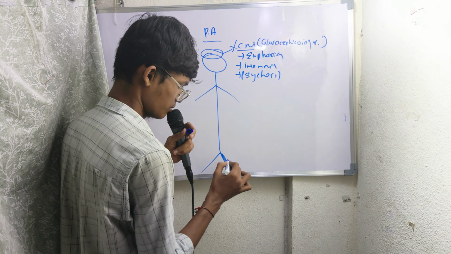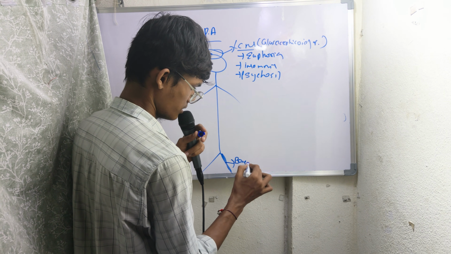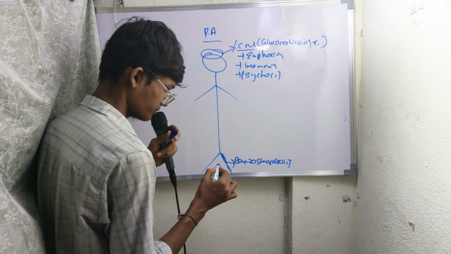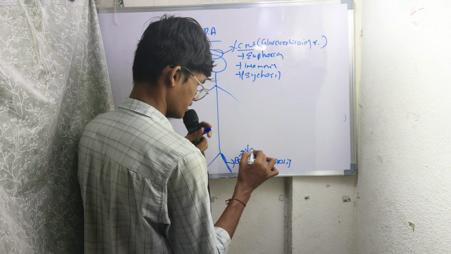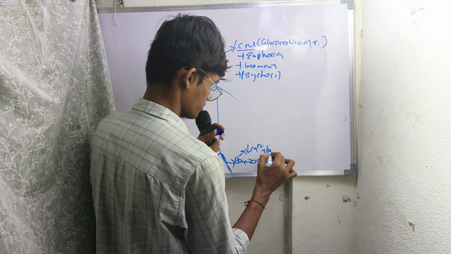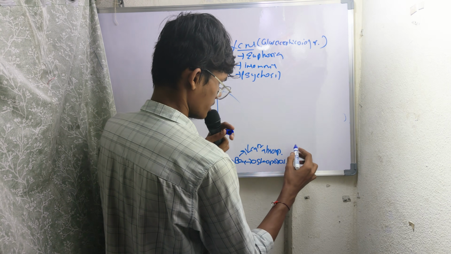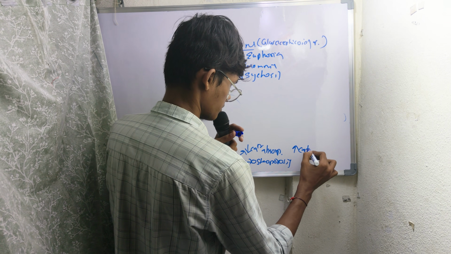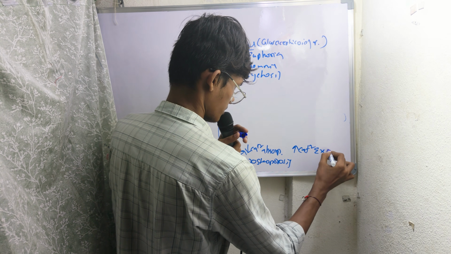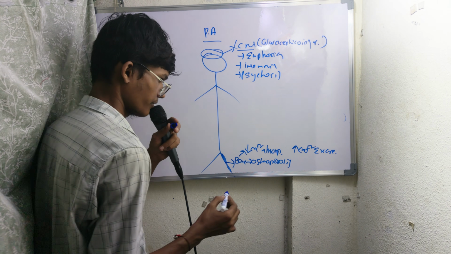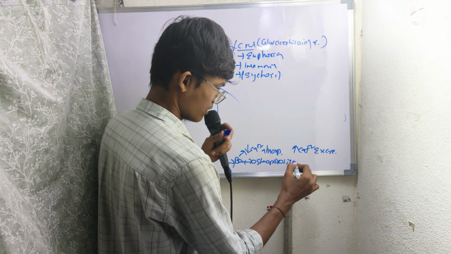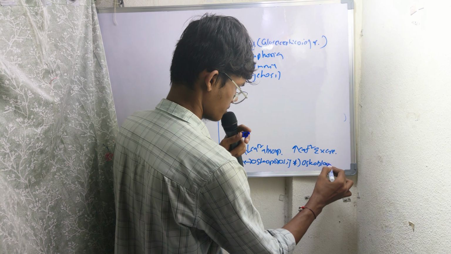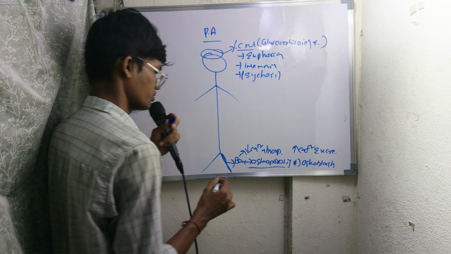And think of this as bone. In the bone it causes osteoporosis. Why? Because it decreases calcium absorption and increases calcium excretion. Okay, then it also inhibits osteoblasts, so there is osteoporosis.